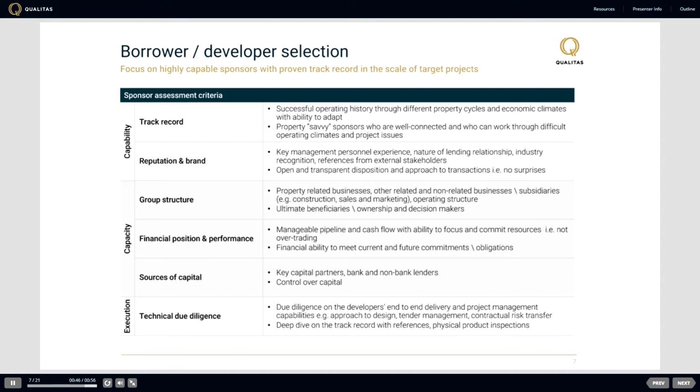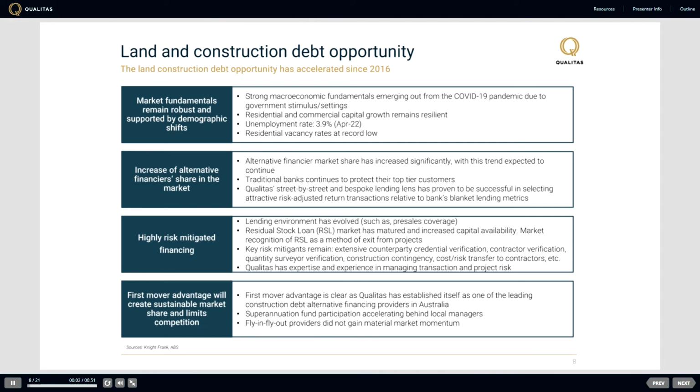Majority of our loans have personal guarantees from the developers, and we target mid-market developers with the ability to top up equity if things go wrong. We see significant opportunities in the land and construction debt sector, driven by long-term housing supply shortage in Australia and continued funding gaps in the market as the banks apply rigid blanket lending metrics.